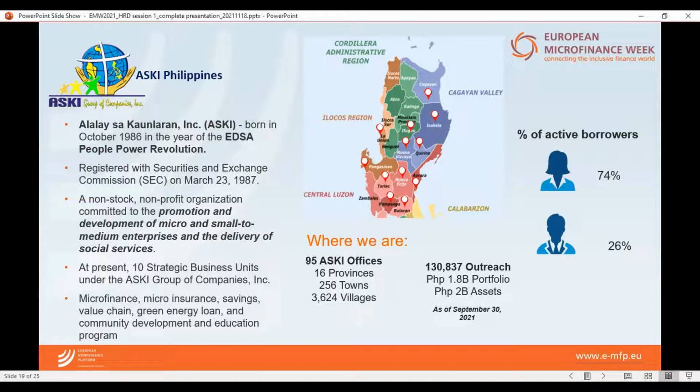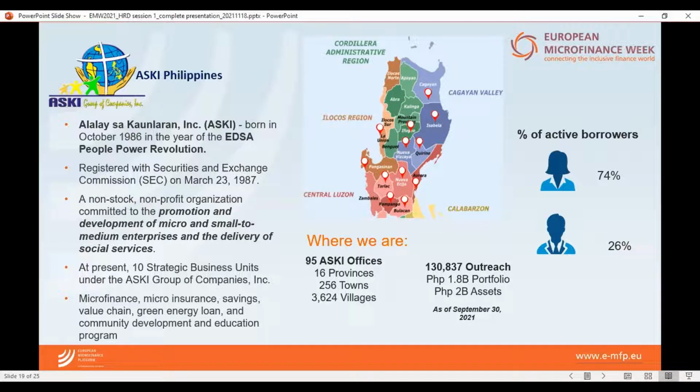ASKI is a non-stock, non-profit organization in the Philippines that's committed to the promotion and development of micro and small to medium enterprises and delivery of social services. At the moment, there are 10 strategic business units under the ASKI group of companies.